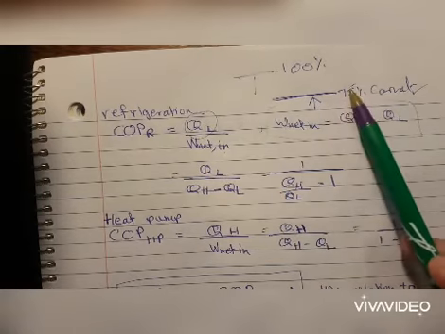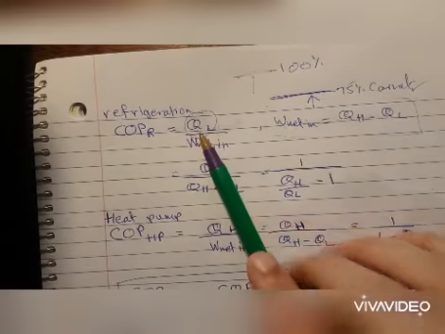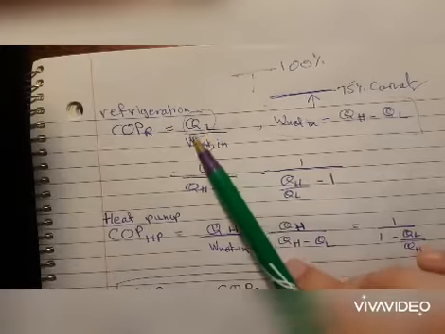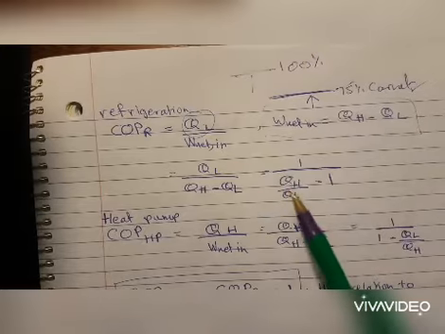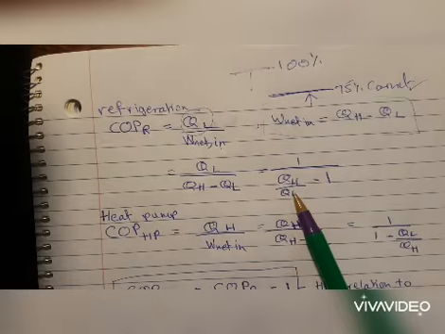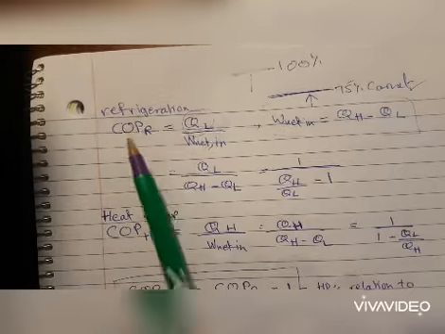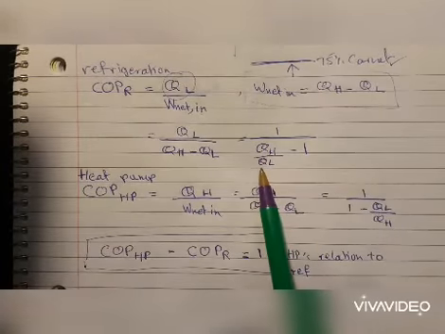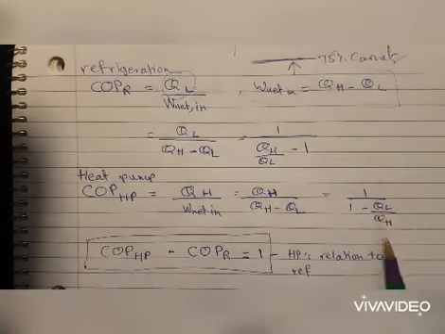But to get that, we say that it operates between TH and TL. So QL gets converted into TL and QH gets converted into TH. When we're talking about a Carnot refrigeration cycle, this QH would be TH and QL would be TL, and the same goes here, TL, TH.